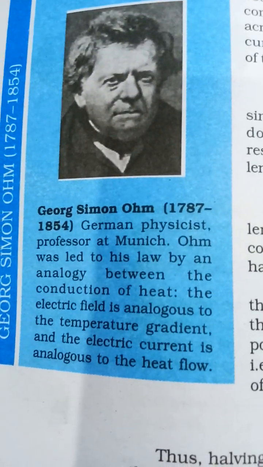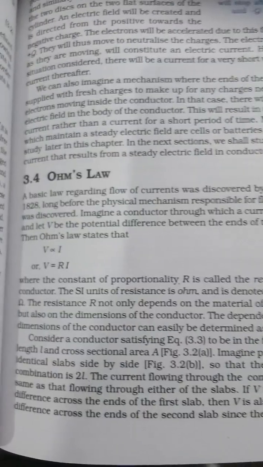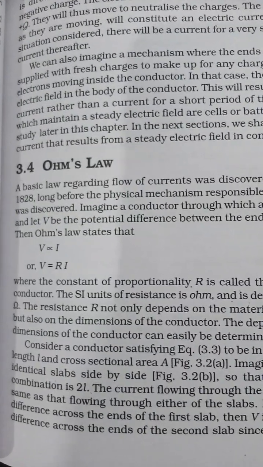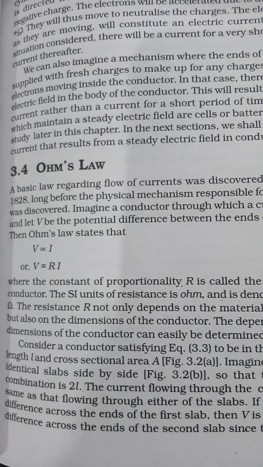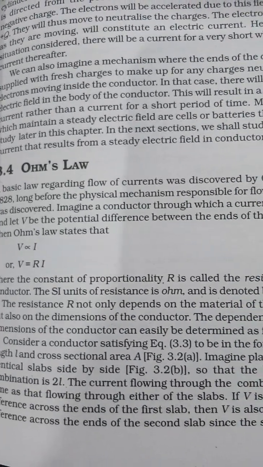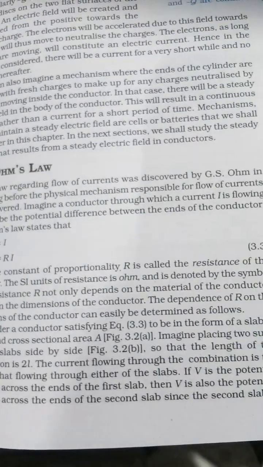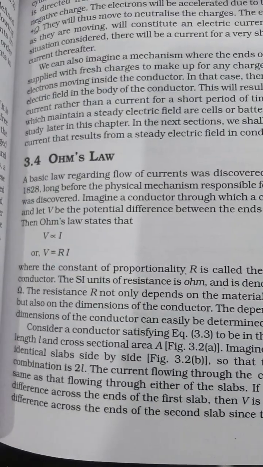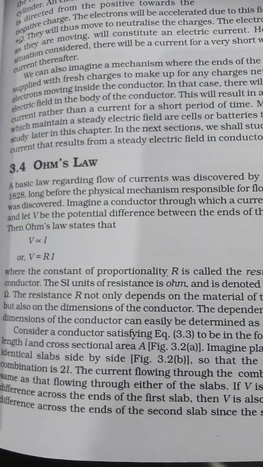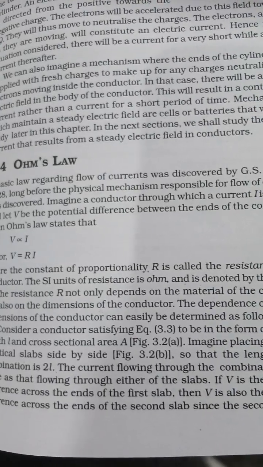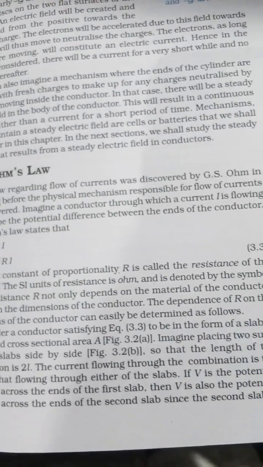So this law was given by George Simon Ohm. Ohm's law is a basic law regarding flow of currents. It was discovered by George Simon Ohm in 1828, long before the physical mechanism responsible for flow of currents.